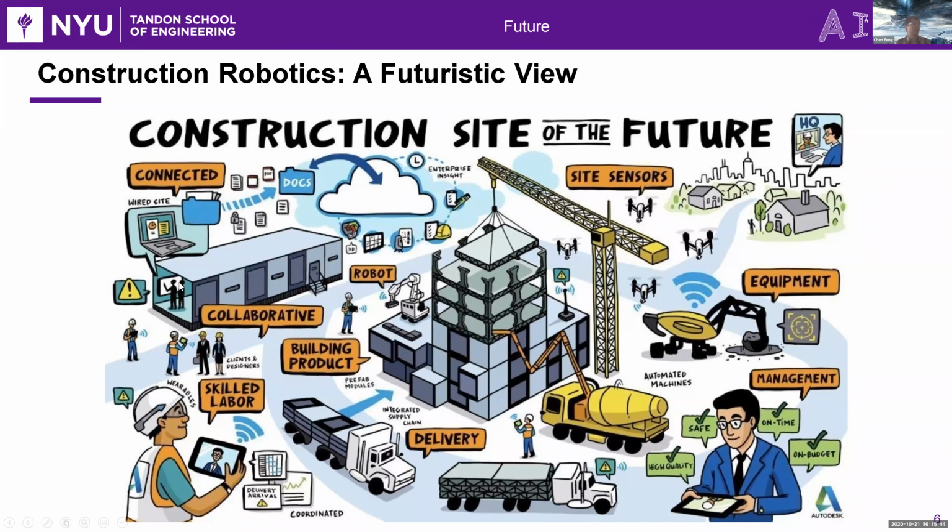Of course, in the future, all the documents will be automated and connected and shared between multiple stakeholders of a complex construction project. Our construction equipment will be more autonomous, featured by this robot, actually.